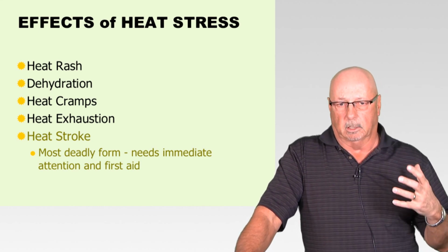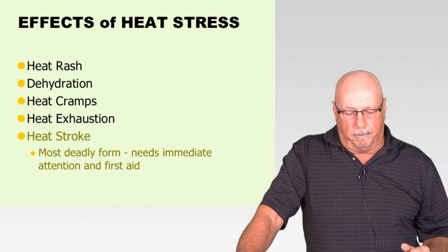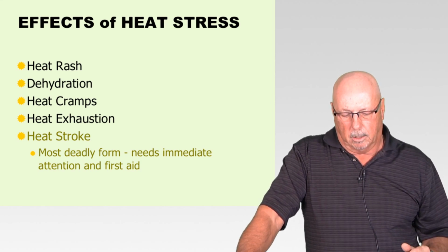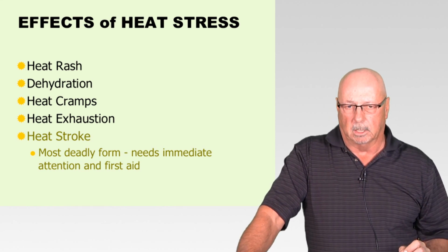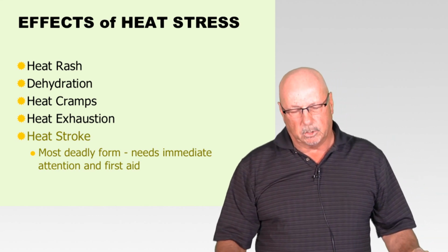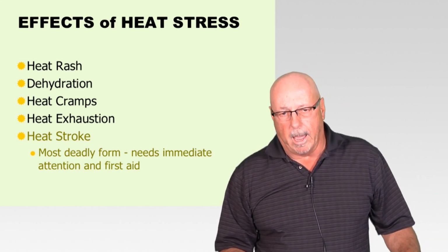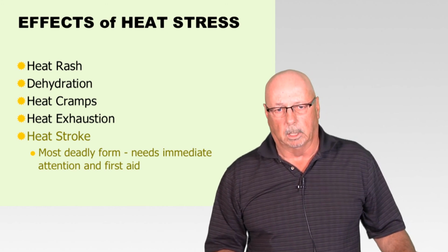They have a tendency to turn clammy or pale in appearance. And you can tell the people who are starting to develop these heat exhaustion types of condition just from how they react. You can recognize that they're not functioning normally.